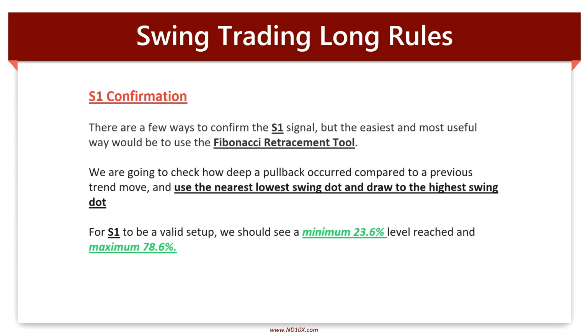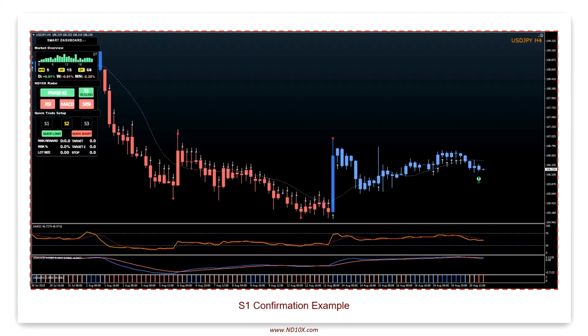We are going to check how deep a pullback occurred compared to a previous trend move, and use the nearest lowest swing dot and draw to the highest swing dot. For S1 to be a valid setup, we should see a minimum 23.6% level reached and a maximum 78.6%. So if we look at this as our example, what we want to do would be to draw the Fibonacci by finding the swing high and the swing low.